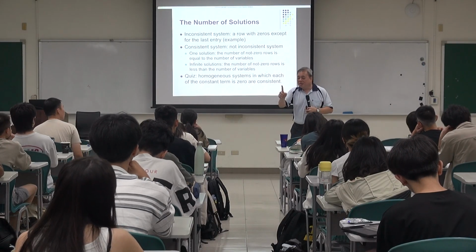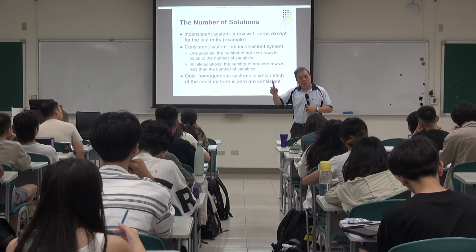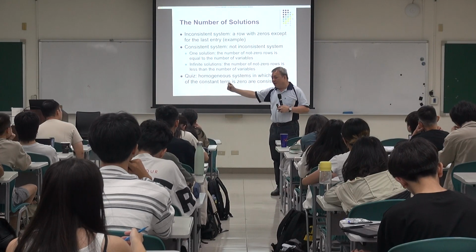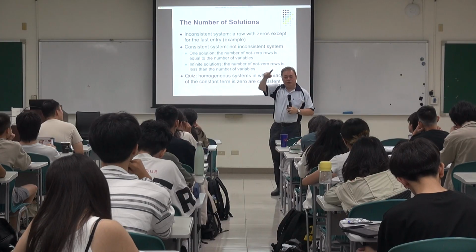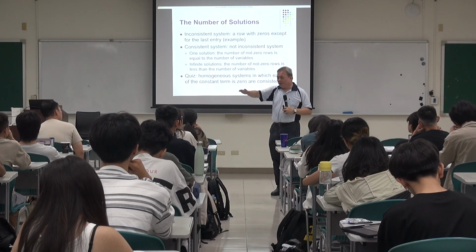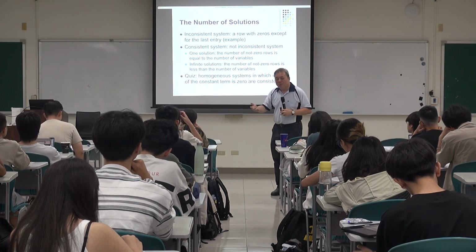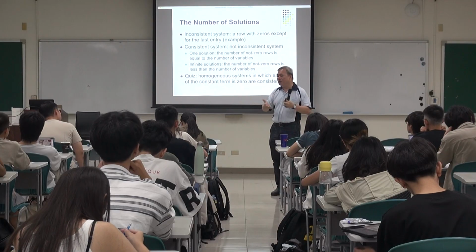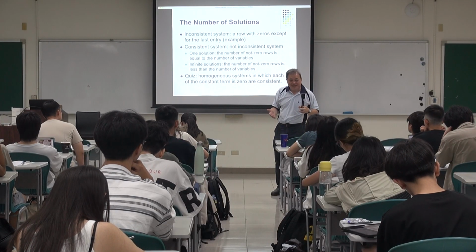If you have only one solution, then that only solution must be all 0. Right? Because if you put x1, x2, xn all to be 0, obviously it is one solution, right? If you have more than one solution, then it must be an infinite number of solutions, right? We have discussed that already, right?